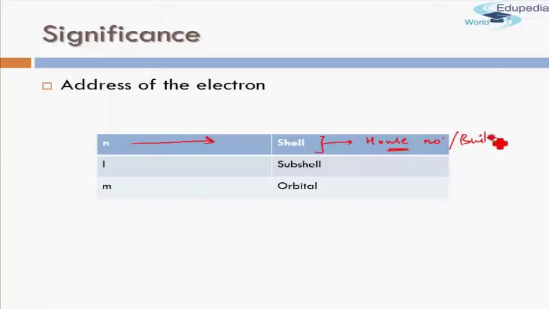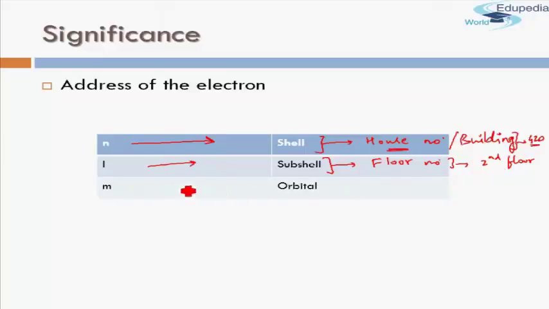Now nowadays a building has a lot of apartments and a lot of floors in it. So the next quantum number, l, or the subshell, will give you the floor number. In building number 420, the floor number is 2nd. That is, you are living on the 2nd floor, or the electron is living on the 2nd floor.